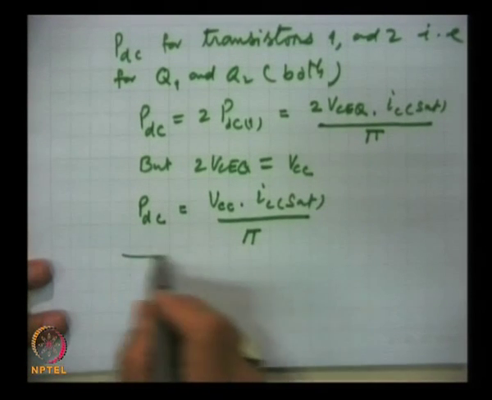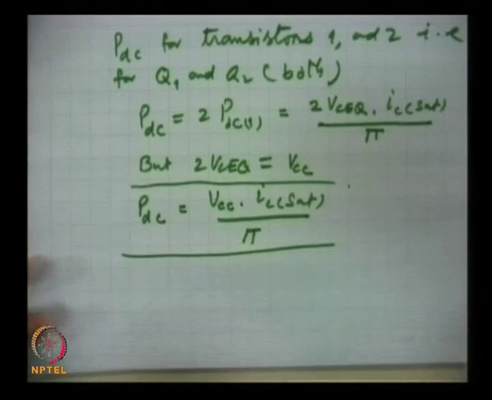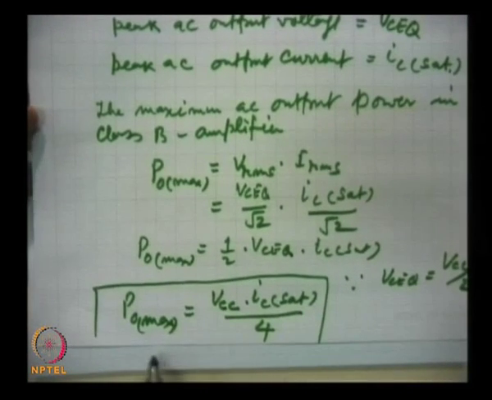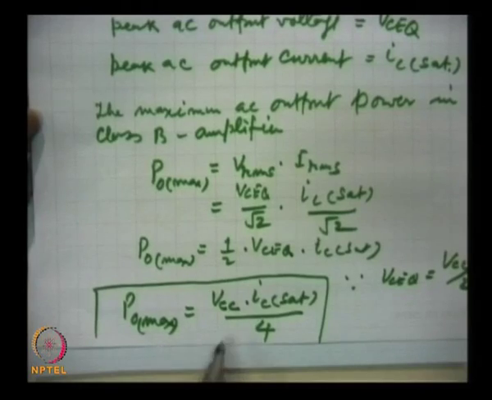This is the expression for the DC power which is taken from the DC power source, and we have already obtained the expression for the AC power which will be available at the load.